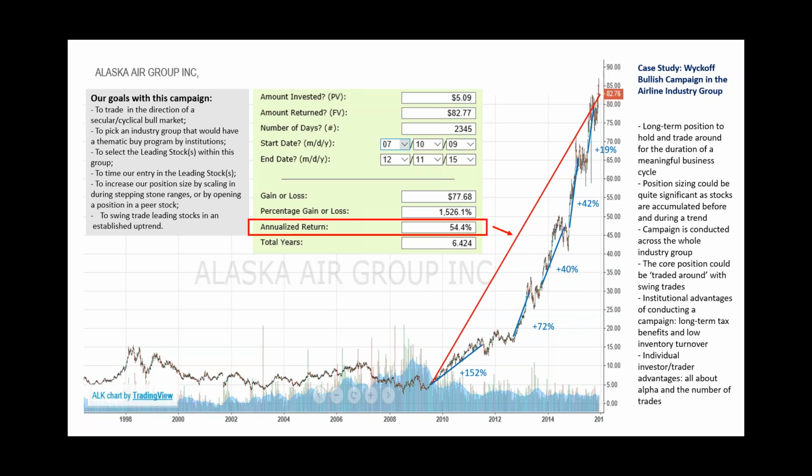Those are the institutions that have billions of dollars, and when they create their positions, they don't necessarily come into them for just a couple of days or weeks or months. When they establish a core position in a stock, they prefer to stay in this stock or the industry group for the duration of a business cycle.